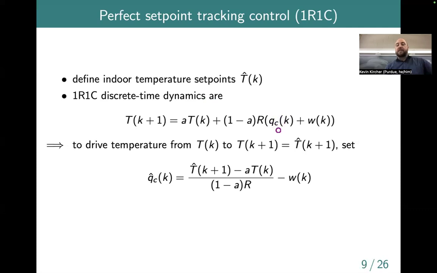So plug it in for QC with the boundary W and so forth. And then the actual T K+1 that we get would not be exactly equal to the T hat. It would be something close to it, as close as we could deliver given the capacity constraints.